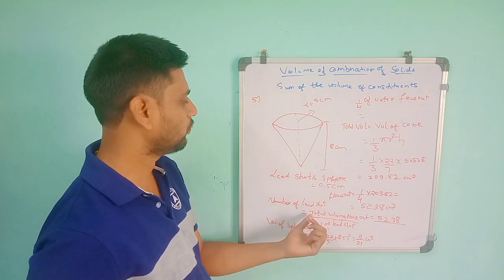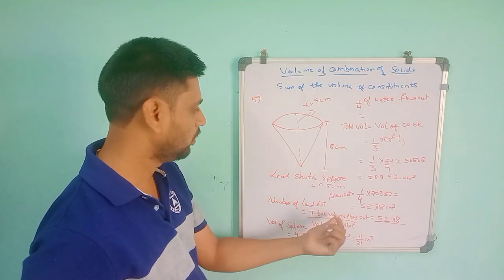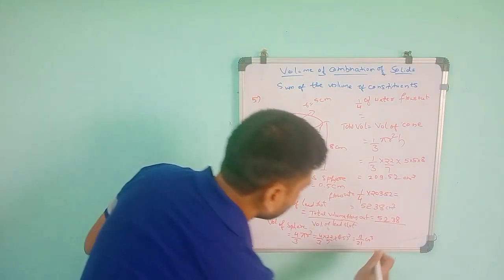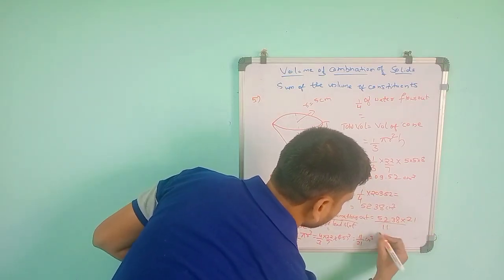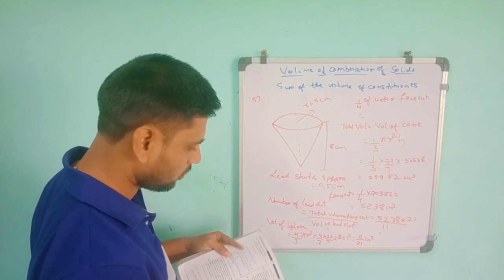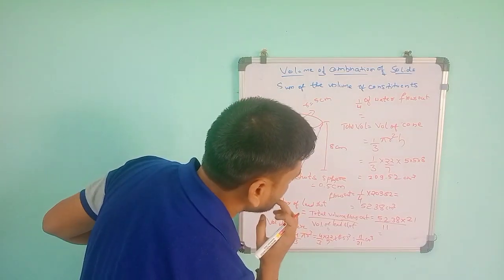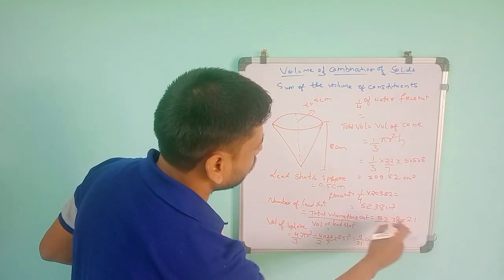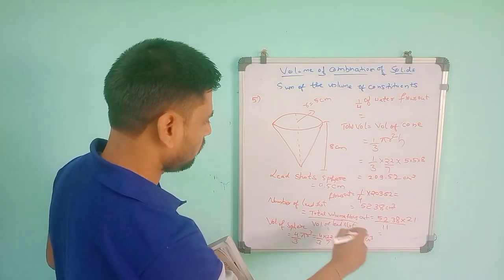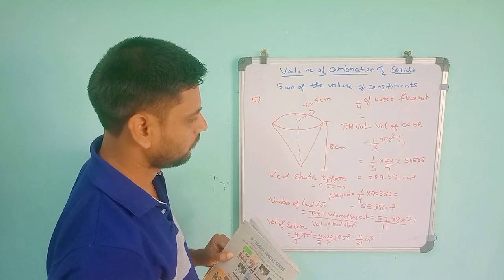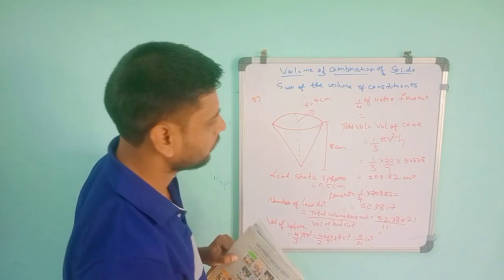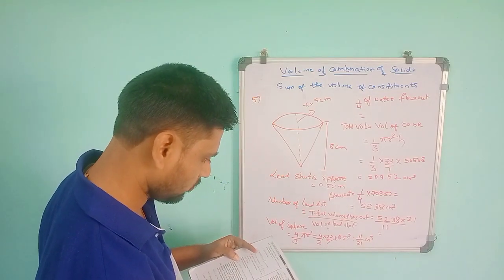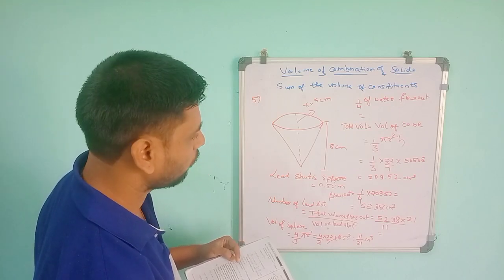The number of lead shots means the total volume that flows out divided by the volume of one lead shot.